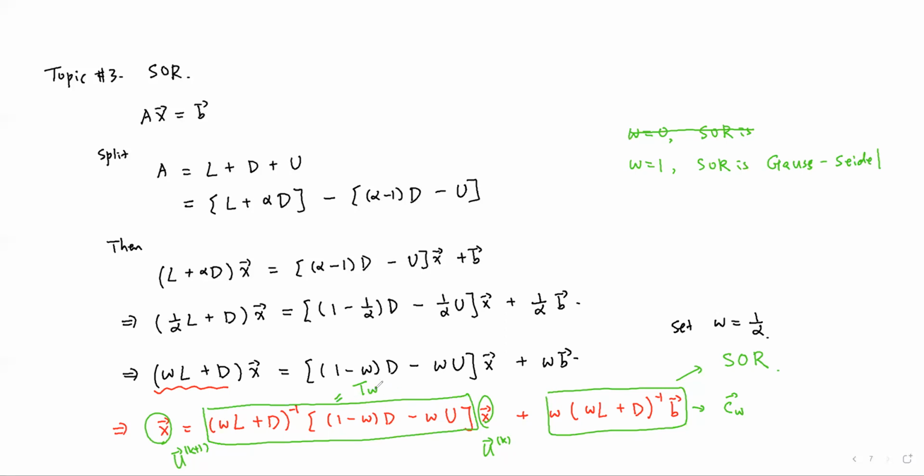Because we want to choose omega so that rho of T omega is as small as possible. When the spectral radius is smaller, the iterative scheme converges faster.